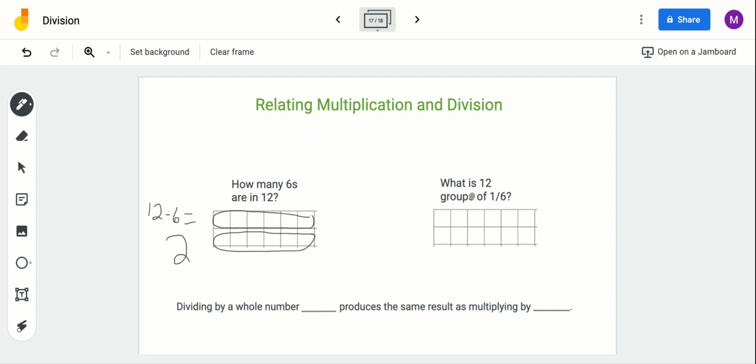Here, what is 12 groups of 1/6? So 12 groups with 1/6 in each group. So I have 1/6, 1/6, another 1/6, and another 1/6 because they're all 1/6.